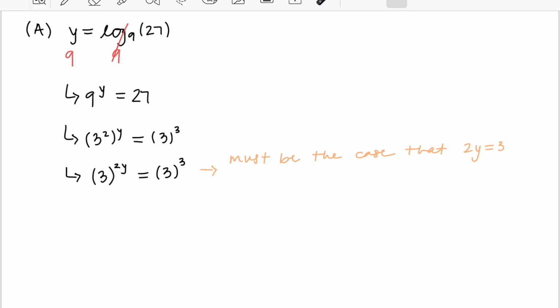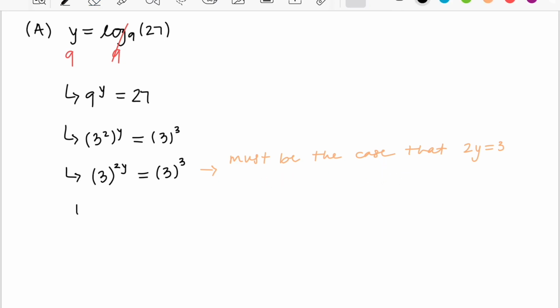I don't know if you remember, in the beginning of section 1.5 there was an exponential property that told us this, and I said that this would be important for solving log functions. If you don't remember that, scroll back to section 1.5.